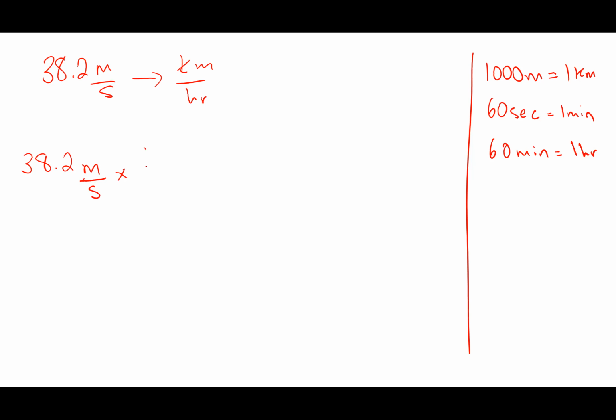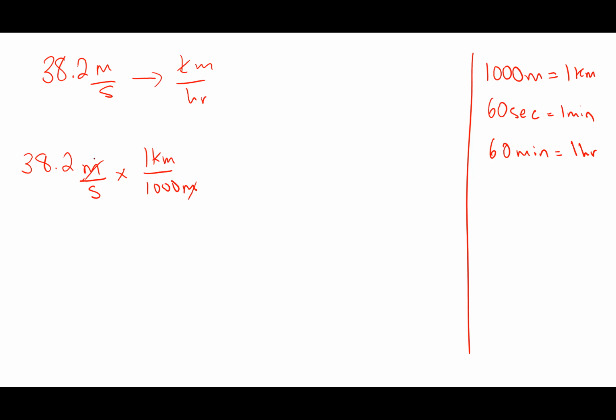I want the kilometers on top and the meters on bottom, and that way my meters will cancel, leaving me with kilometers. So that part's done. If this was a test question, you would get a mark for that.